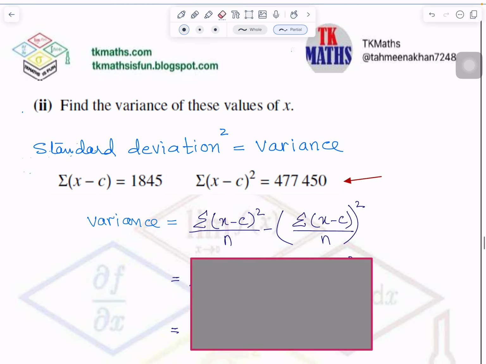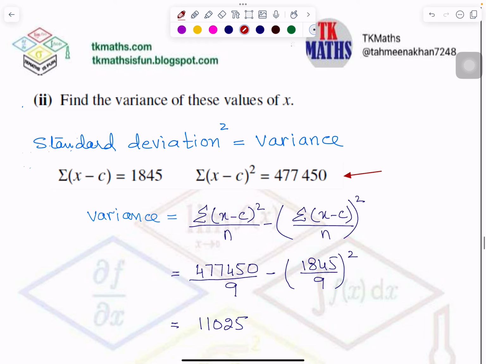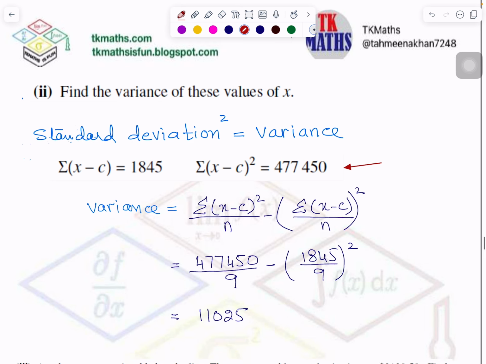I will substitute the values in it and calculate it. But the question here is, I have to find the variance of X, and I am finding the variance of X minus C. As I explained to you, the standard deviation does not change for X or for coded data. So it will remain the same, right? That's why we are using it, and it will give you the variance for X.